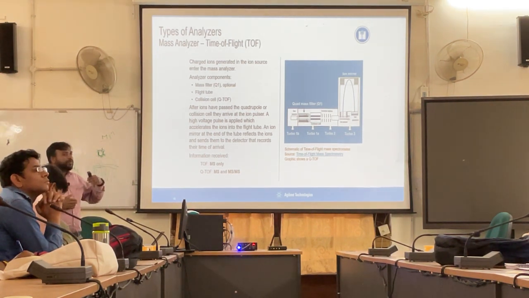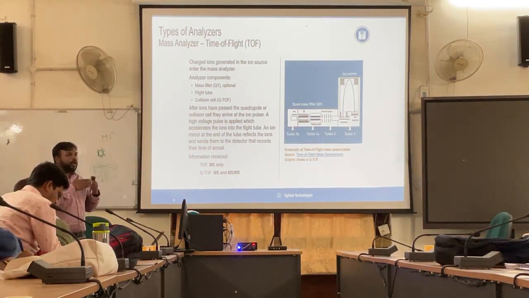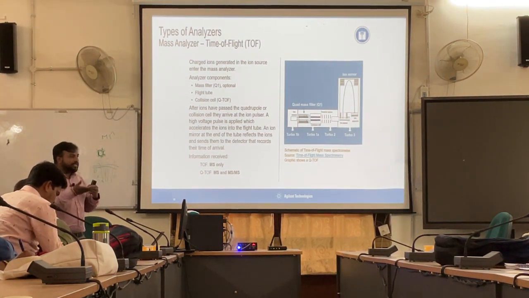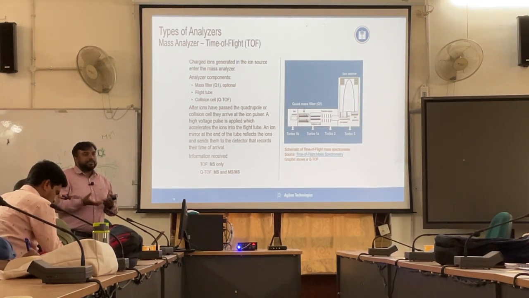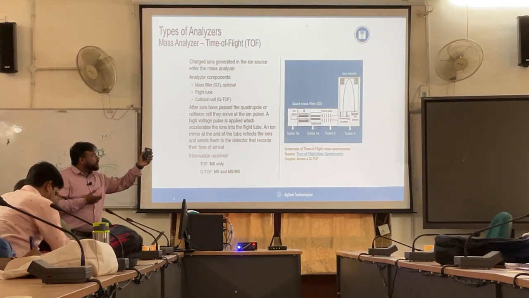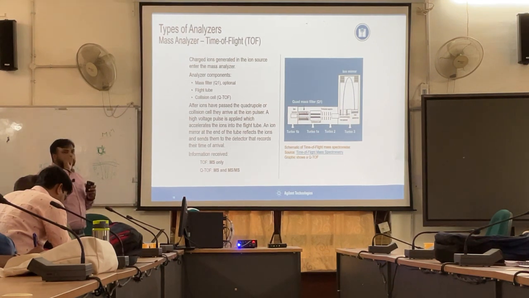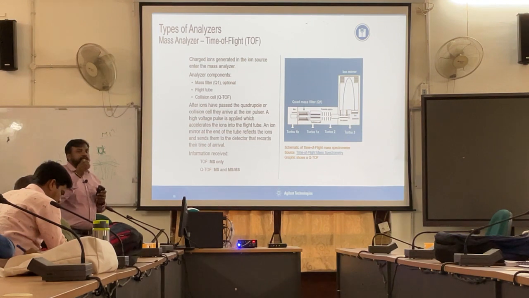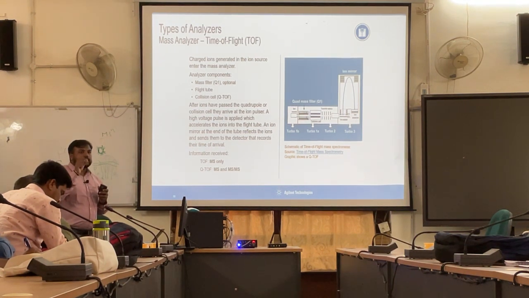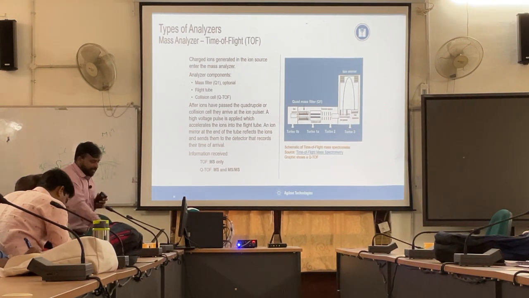If I'm running in scan mode, then this collision cell works as a scan and all ions reach the quadrupole, and there is a pulsar where we apply constant kinetic energy, and on the basis of that kinetic energy the ions are tossed into the TOF tube. The time the ions take is constant as per their m/z, and that time lets us back-calculate the molecular mass, the m/z of the compound, so we get more accurate mass results.